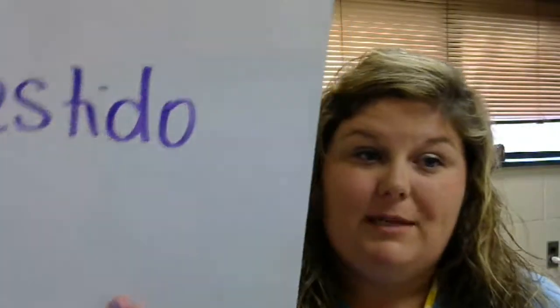Now, let's say you have more than one dress, because who can only have one dress, right? So we're just going to make the word dress plural in Spanish. So we said that the word dress is vestido, and here is the rule for making words plural in Spanish: if a word ends in a vowel, so A, E, I, O, or U, simply add an S onto the end to make it plural.